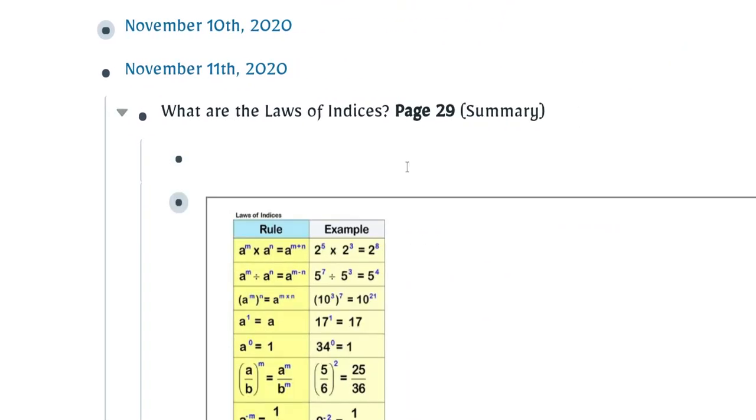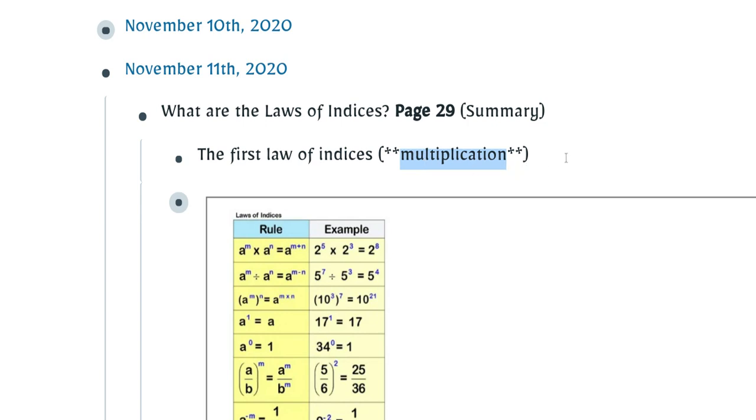So the first law of indices, put in bracket multiplication. You started taking these notes earlier, but we didn't entirely write sentences. So we're going to write some sentences now.